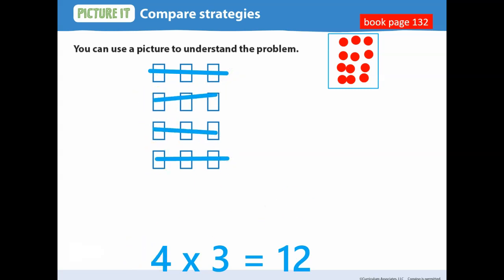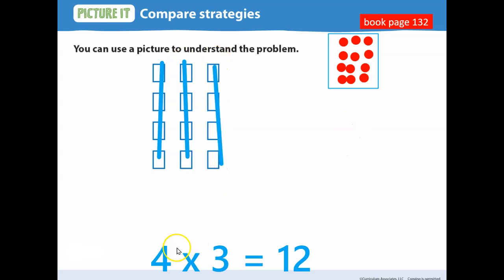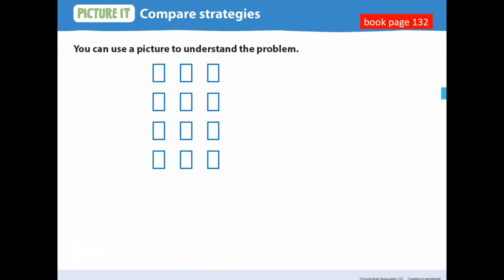That's 4 times how many in each row? Or how many columns I have? 1, 2, 3. 3 columns. So 4 rows times 3 columns equals how many total? 12. How do I know that? Because, well, like this. 1, 2, 3, 4, 5, 6, 7, 8, 9, 10, 11, 12.